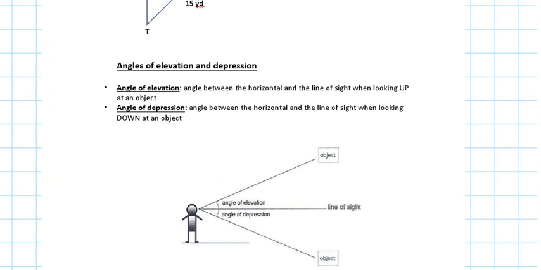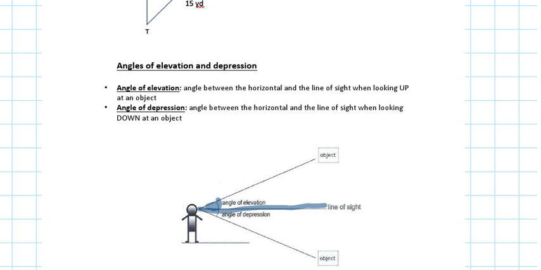And then I draw a line that goes to the clock, and that angle right there, that's going up, is my angle of elevation. Okay? So coming out of your eyes is an imaginary horizontal line, okay? Then you draw a line from your eyes to the object, and this angle right here is your angle of elevation.